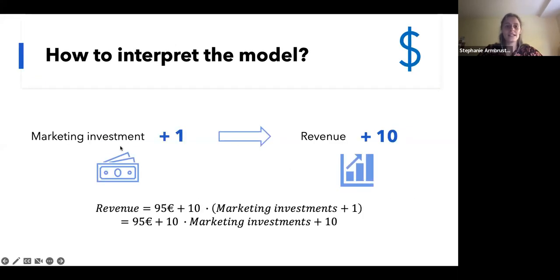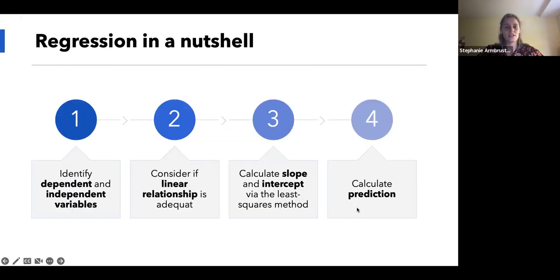So in our marketing example, we can say that if our investment was increased by +1, our revenue would increase by +10, because that is our slope. And so the slope always tells you how much change you expect in the outcome given a 1 unit change in your independent variable.